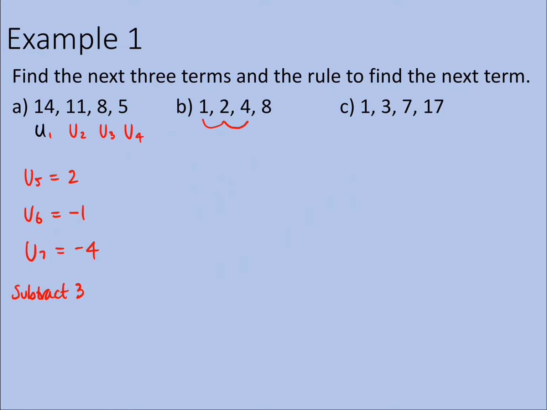So we can figure out pretty quickly then that u5 would be 16, and u6 would be 32, and u7 would be 64. And we can just make a quick note that we need to multiply the previous term by 2.